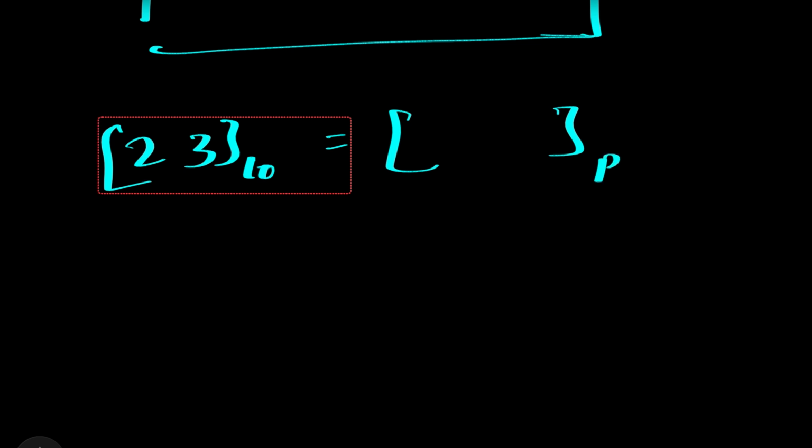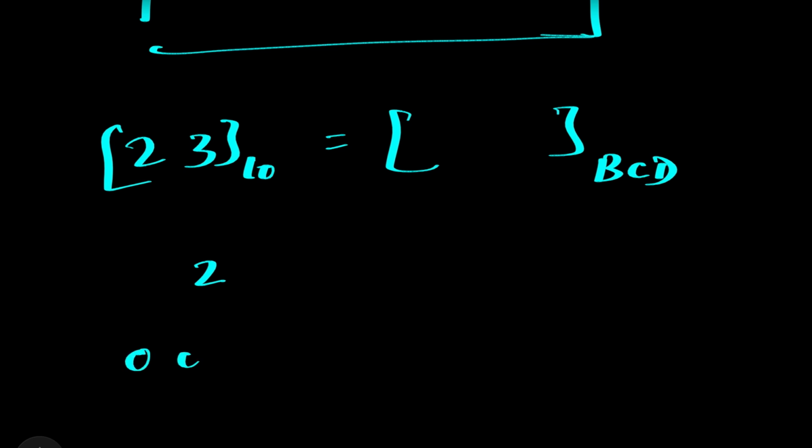Right. So now consider we have 23, a decimal number. We know the base. Now we are going to convert it to BCD. We take each individual digit in the given decimal and give the equivalent 4-bit. So 0, 0, 1, 0 is the equivalent 4-bit binary value for the decimal 2.